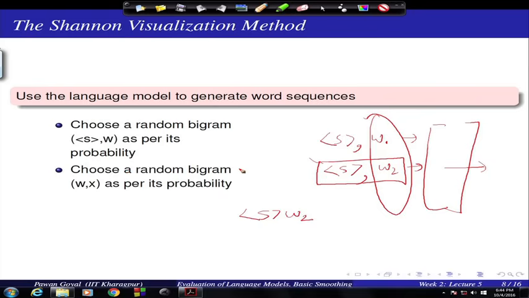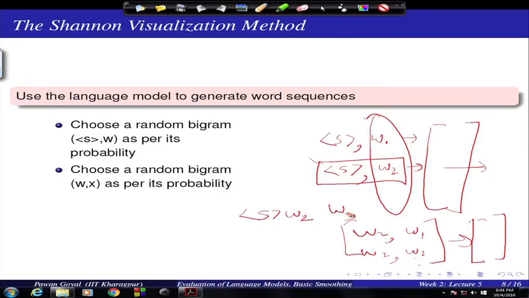So what I will do now, I will go to the distribution of W2 and different words, and from this multinomial distribution, again I will sample one word. Suppose I find some W50.